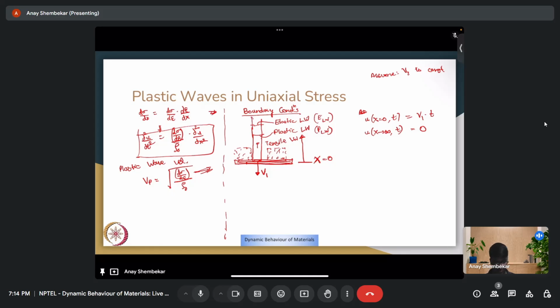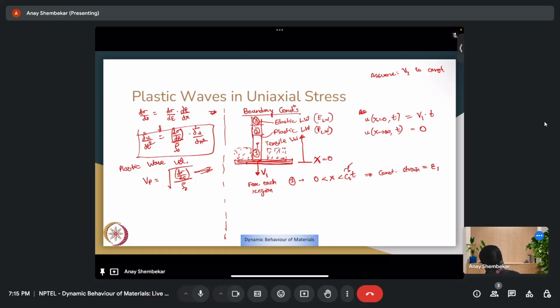If we rewrite this into three different regions and label them as region 1, 2 and 3, we get for each region, for x between 0 and c1 t, where c1 is the plastic wave velocity, a constant strain epsilon 1.